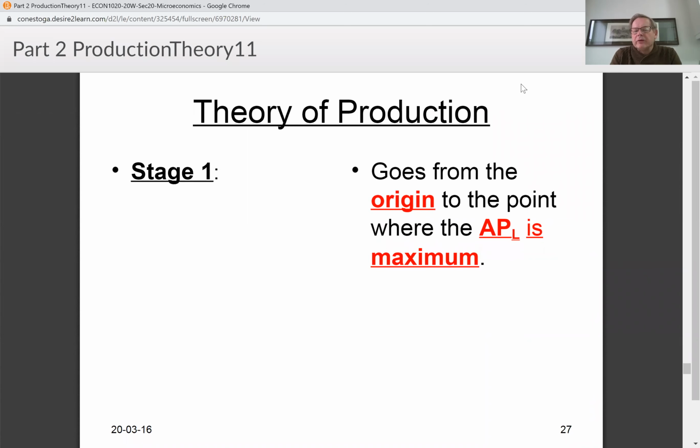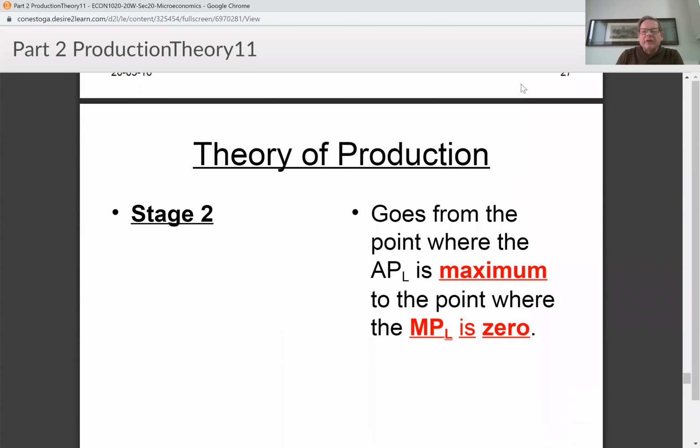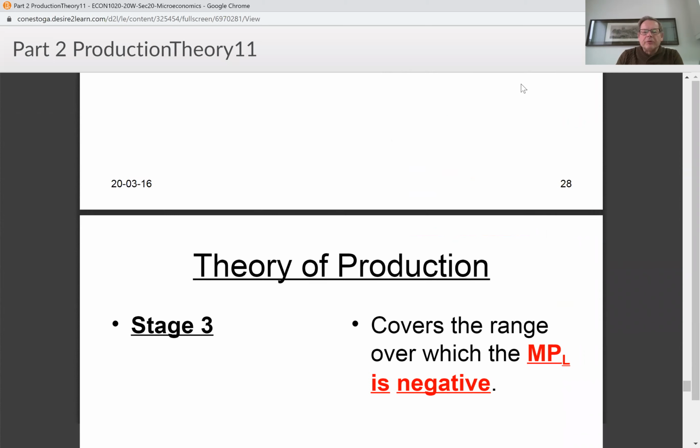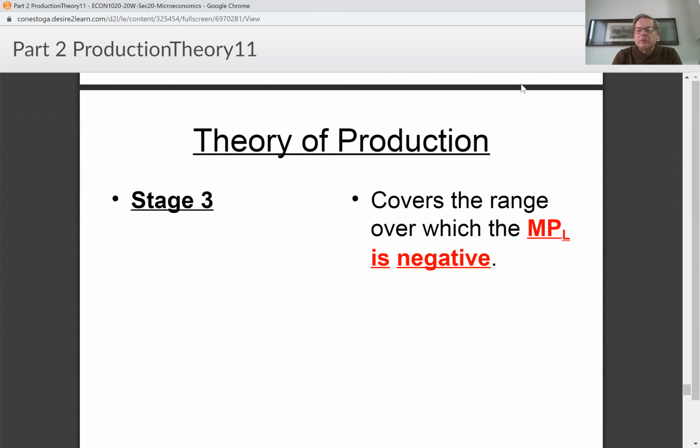That is the point of intersection of those two curves in panel B. The second stage of production goes from where the APL is maximum down to where the marginal product of labor curve is 0. And the third stage of production is where the marginal product of labor curve is negative. So let's go take a look at those graphs for a moment.